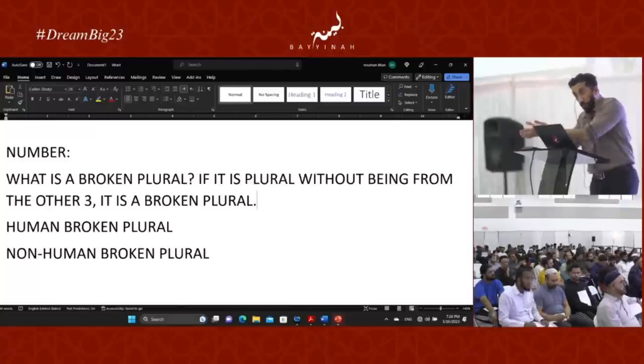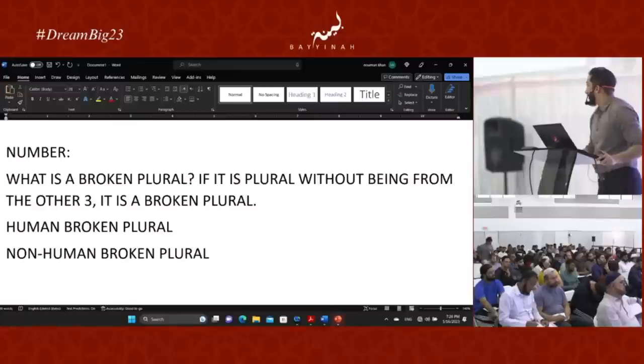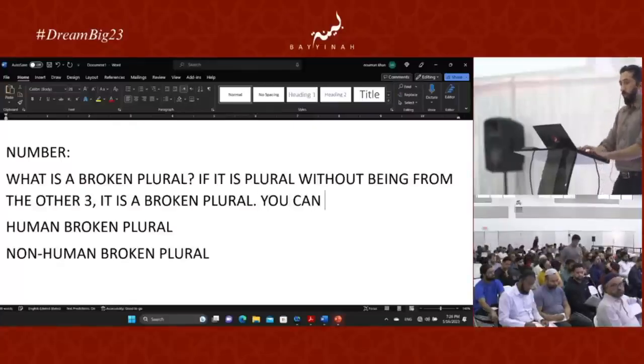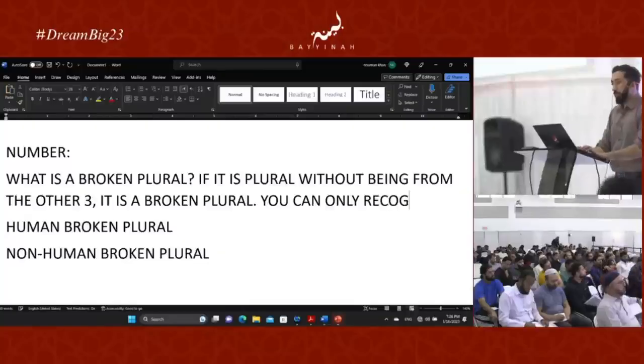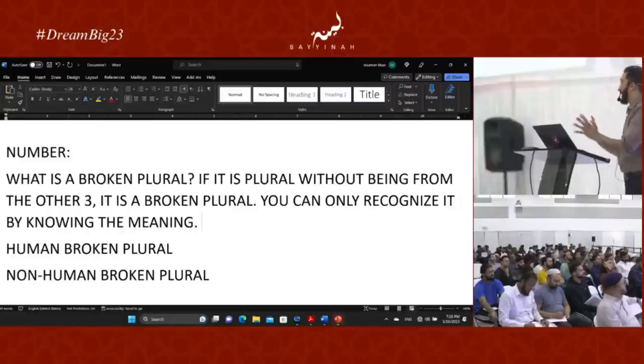If it's still plural without being any of those three, it's got to be a broken plural. Okay? You can only recognize it by knowing the what? Yeah, knowing the meaning. You can't recognize it otherwise.